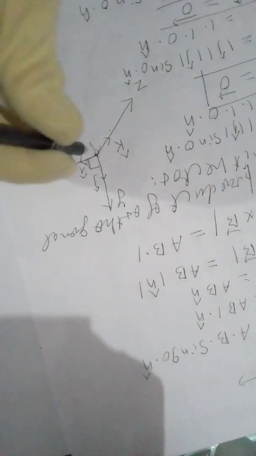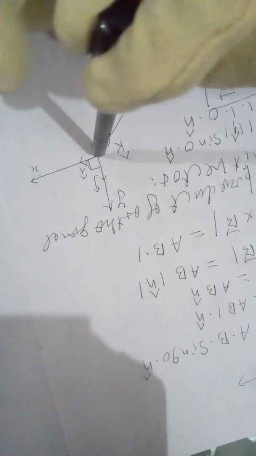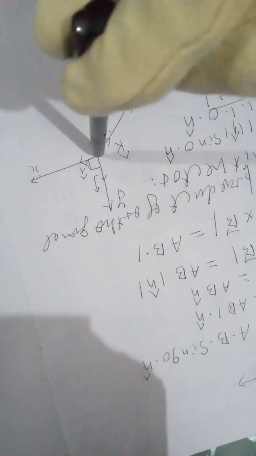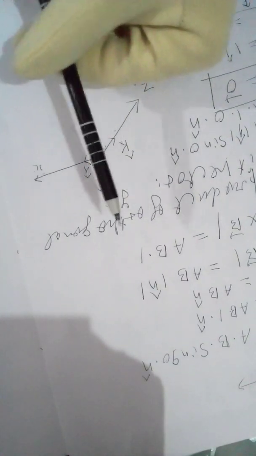Now we rotate the screw from k to i. This is your z direction, k direction, this is your i direction. When you rotate the screw from k to i, this rotation is anti-clockwise, so the tip of the screw moves in the positive y axis.